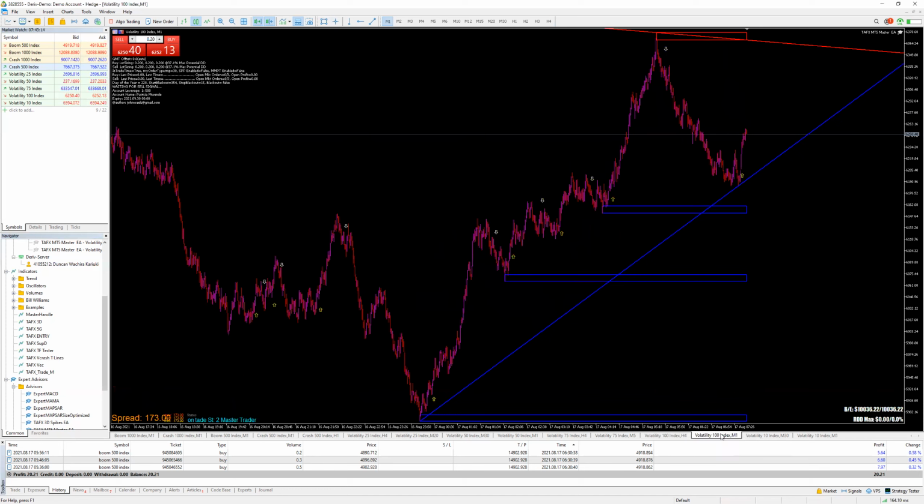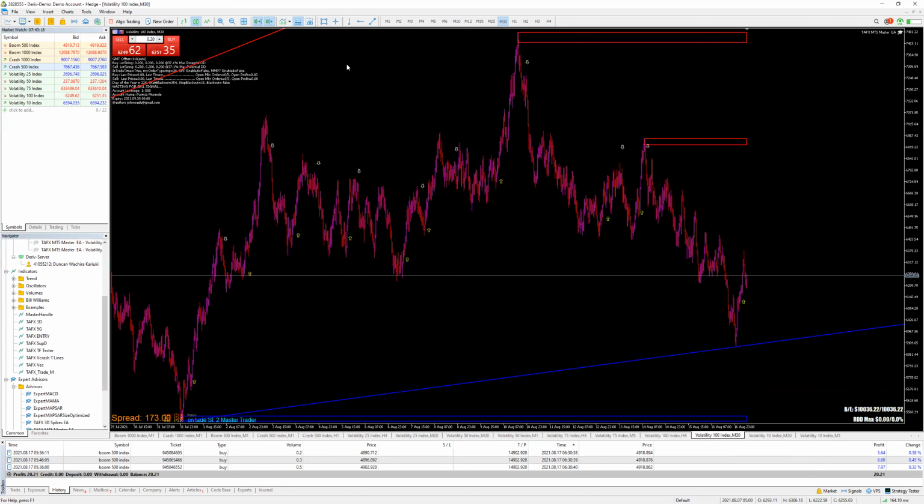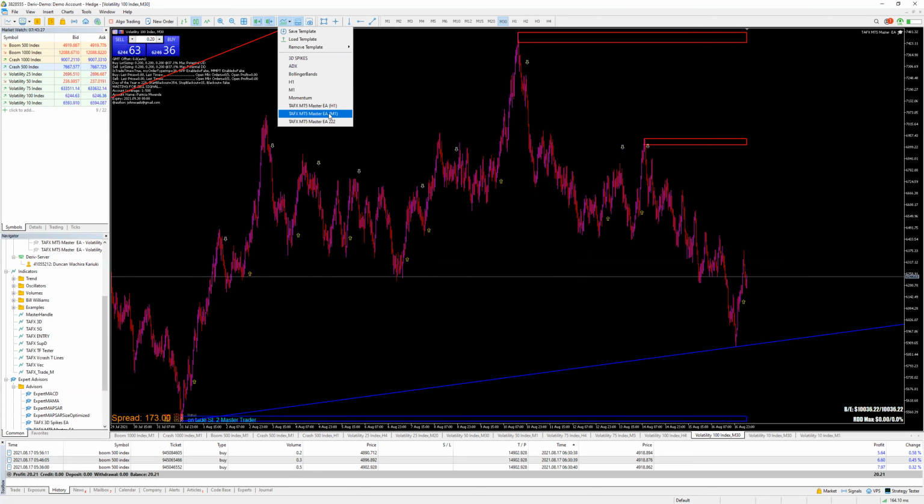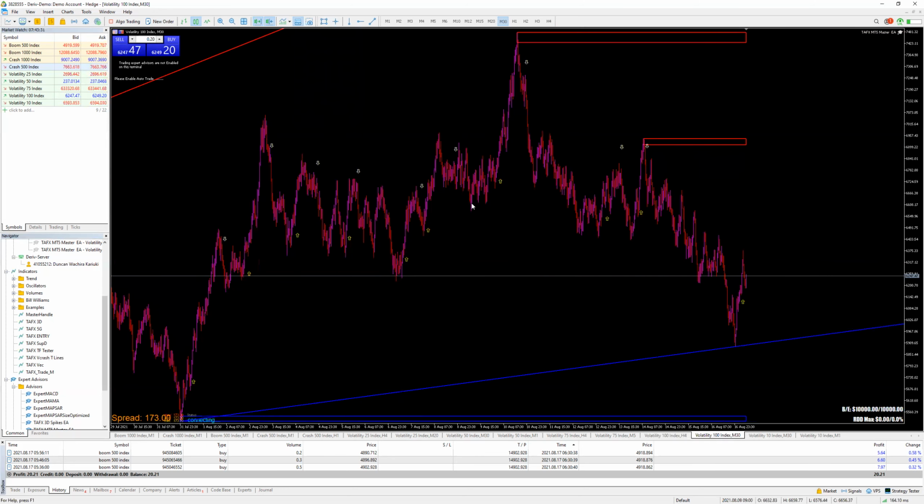Now let's go to 30 minutes, and there is where my robot is, and here is where I need to select TAFX MT5 EA. We are doing all this to make things easier for all people. So now if I select that one in 30 minutes, this means that my robot will be trading in minute 30, picking signal from H4.